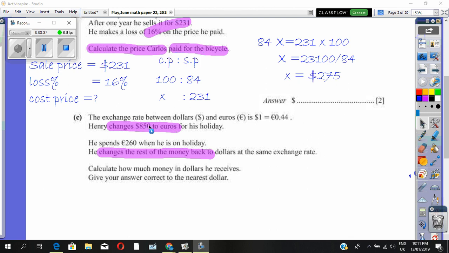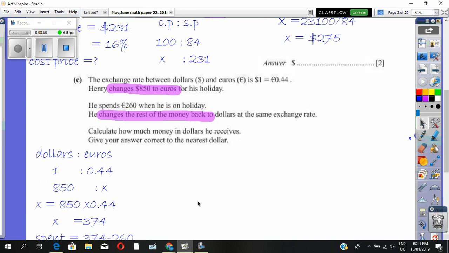The very easy method is to solve this question with the ratio method. We can say dollars to euros: $1 is there, then 0.44 euros. When we change $850 to euros, let's say that will be x.